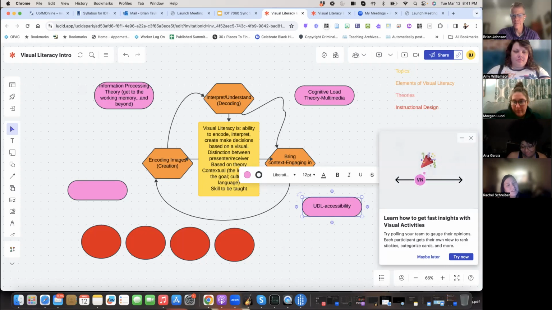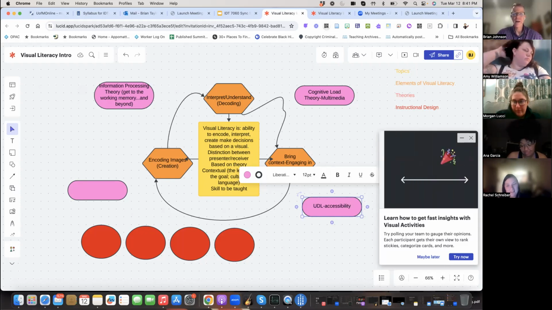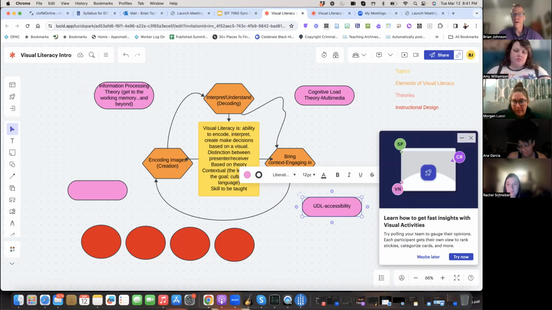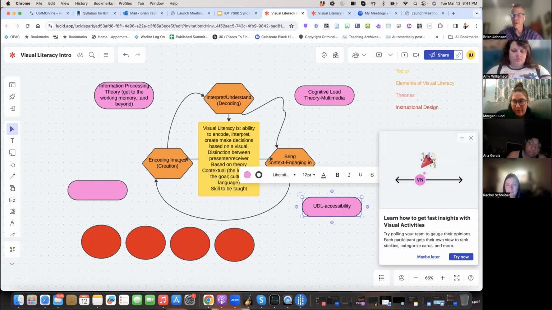Would you say it's the same as user-centered design, or is that a different thing? I think UDL is maybe a little bit more focused on, I'll give you a quick example of UDL.